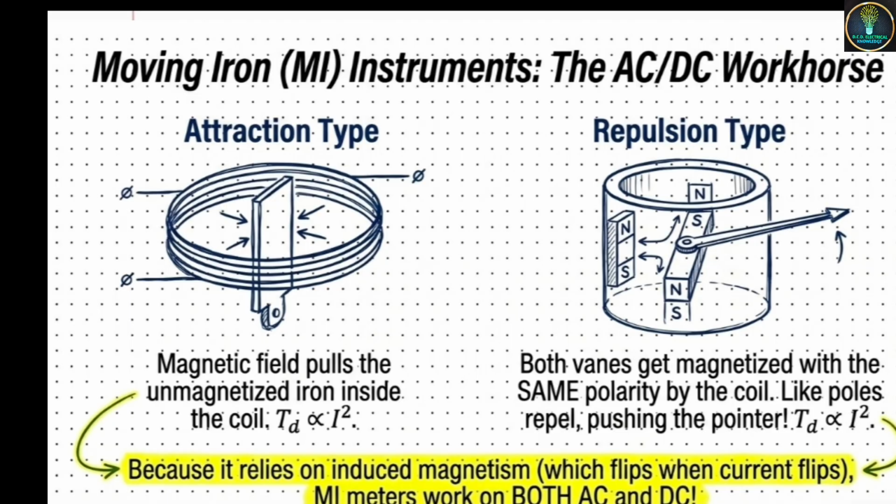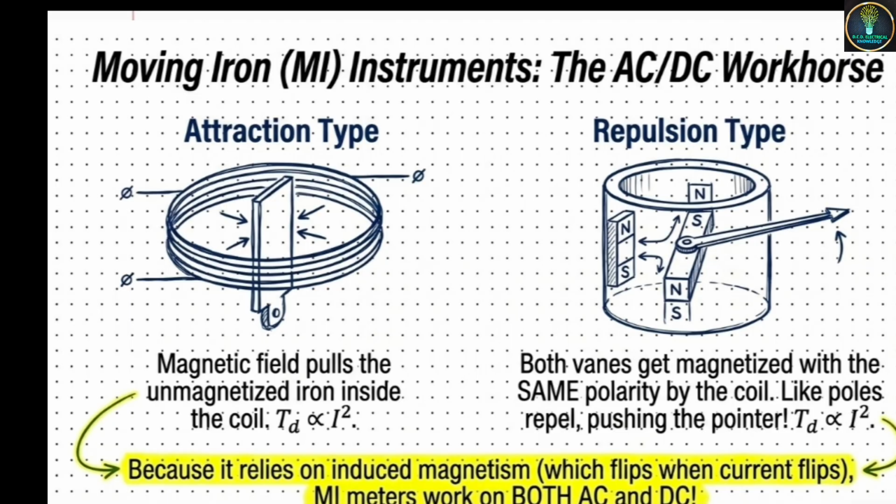Repulsion type: both vanes get magnetized with the same polarity by the coil. Like poles repel, pushing the pointer, that is TD varies with I square.